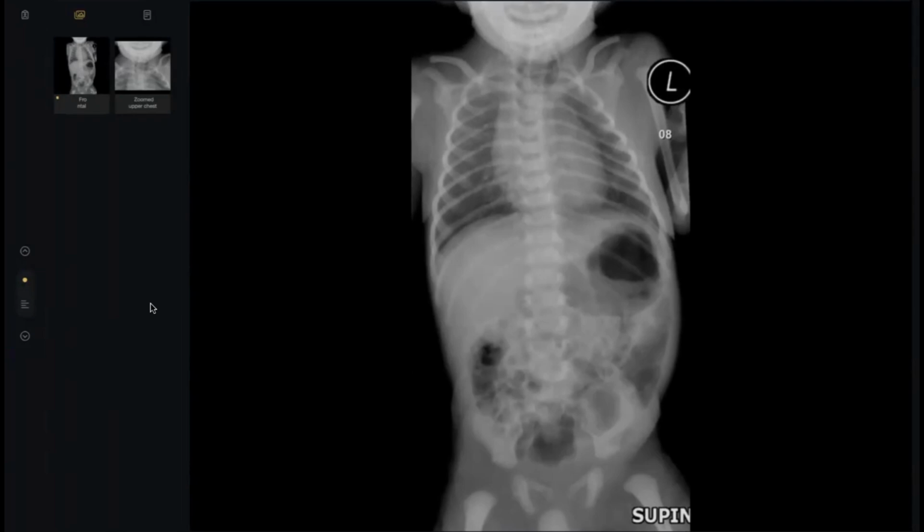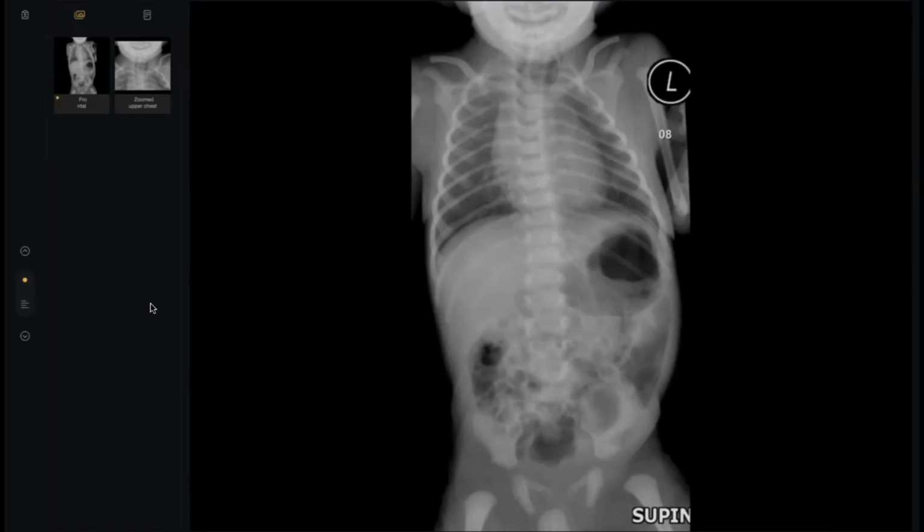Okay, sure. I have here an X-ray of a babygram. I am able to make out the gas shadows, especially at the right hemi-abdomen, and the right iliac fossa appears mottled in appearance.